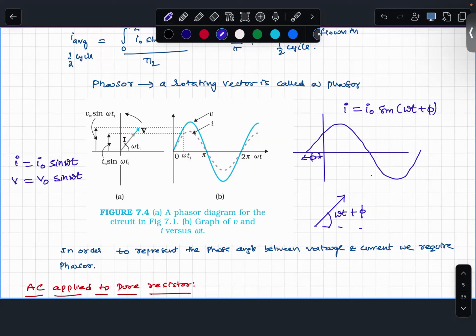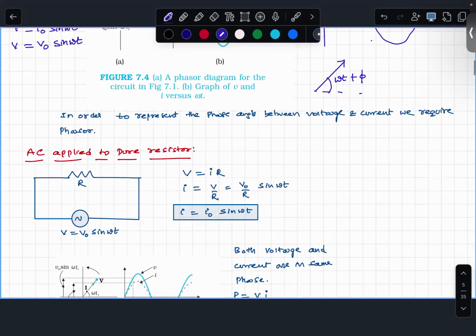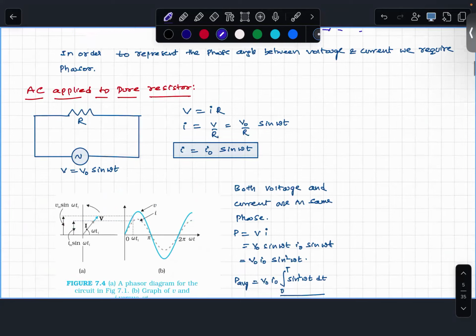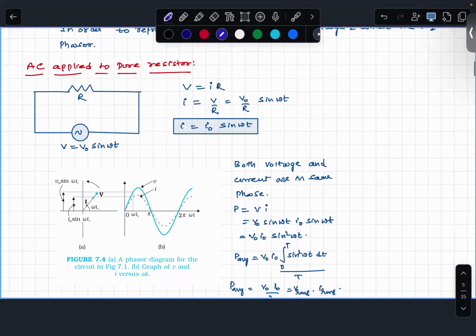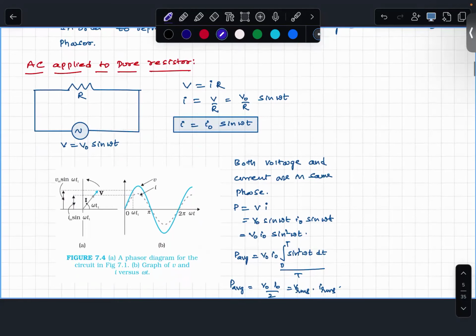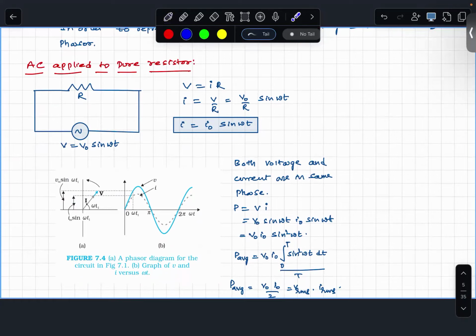Okay. Now let us study. Once we go through some theory, then we will go for application. I am applying AC to a pure resistor and seeing how it responds. Response of an AC current, or how a resistor responds to an AC current, is what I am dealing with here.